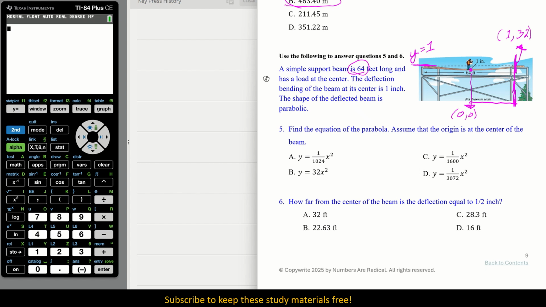So that means this distance from the origin here is 32, so that's x equals 32. Oh, I did that backwards. I'm so sorry. That is 32 and 1. Probably thought I lost my mind just a little bit, not completely. 32 and 1. Now that you see that, it's a little confusing in the way they've worded this.